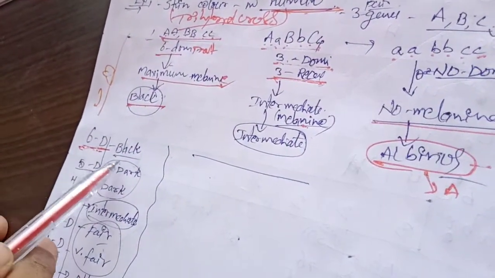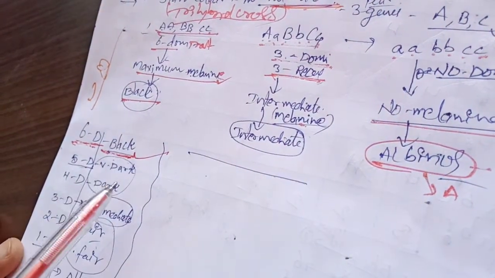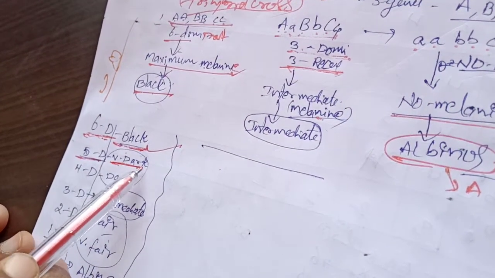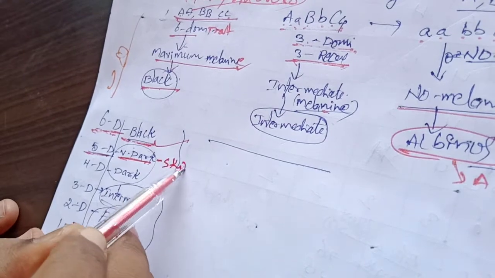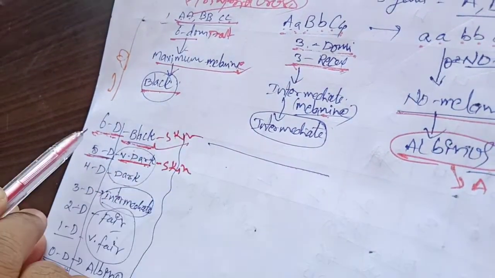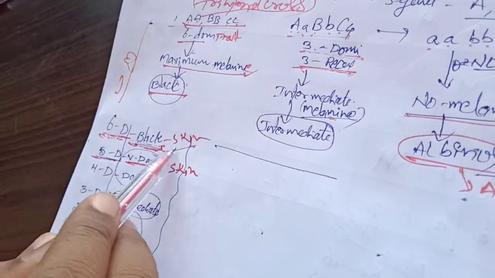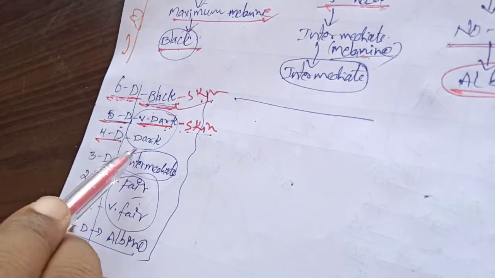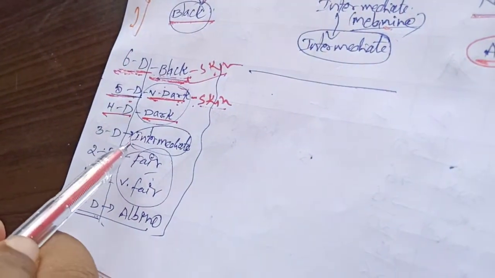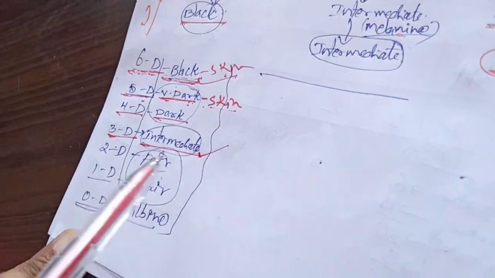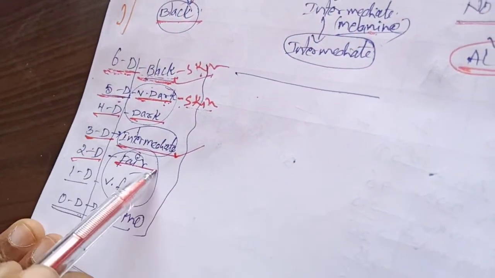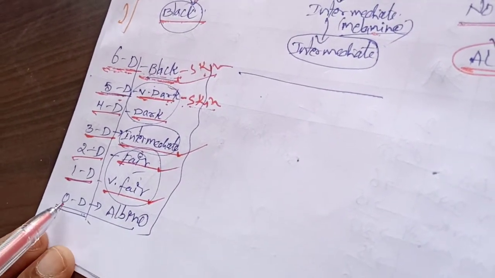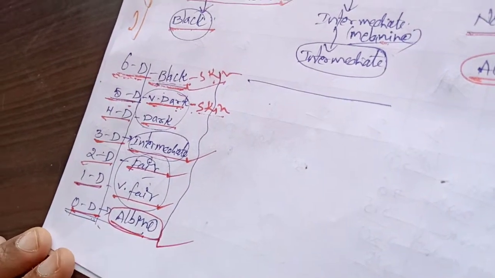If the person has 5 dominant genes, it is a very dark skin color. 6 dominant genes means black skin. 5 dominant genes means very dark skin. 4 dominant means dark skin. 3 dominant genes means intermediate skin color. 2 dominant means fair skin. 1 dominant means very fair skin. And 0 dominant means these people are albinos.